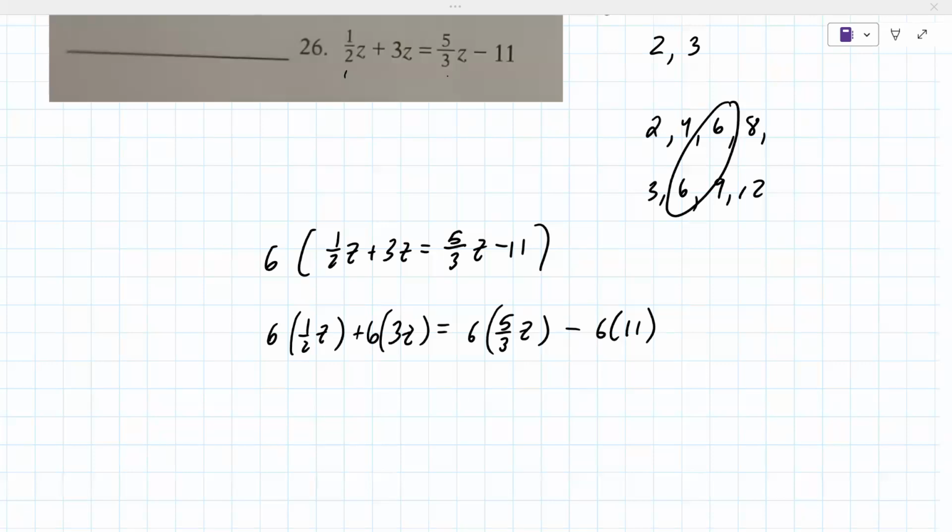So when I put it in the equation, do I have to put 6 and then the parentheses plus 6 and then parentheses and so on? I'm asking you to multiply 6 times 1/2. That's what I'm trying to get you to do. 6 times 1/2, 6 times 3, 6 times 5/3, 6 times 11.